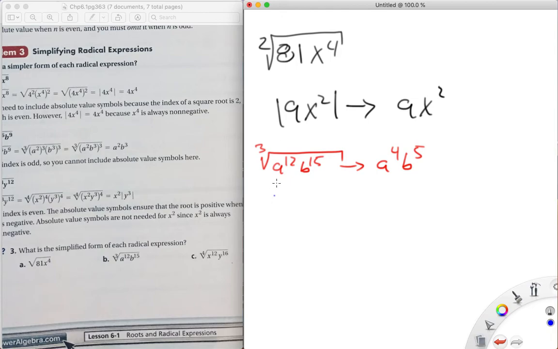Here, I have the fourth root. I have x to the 12. I have y to the 16. Again, 12 divided by 4 is 3. 16 divided by 4 is 4.